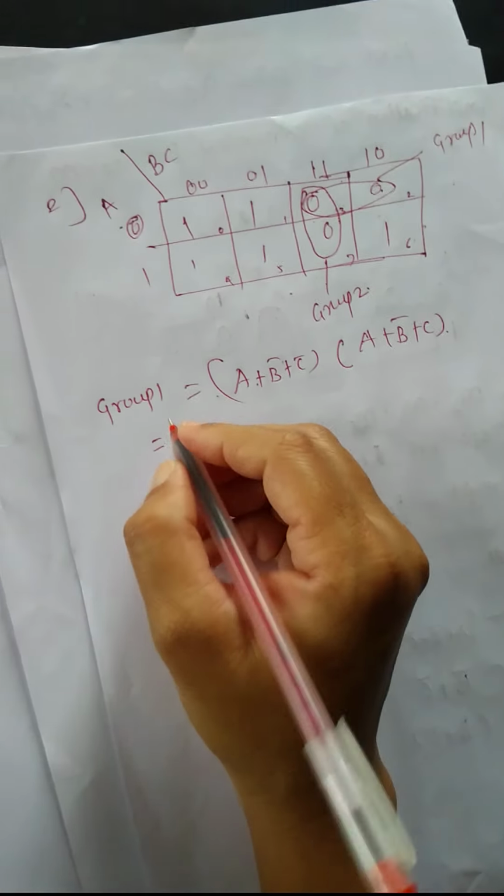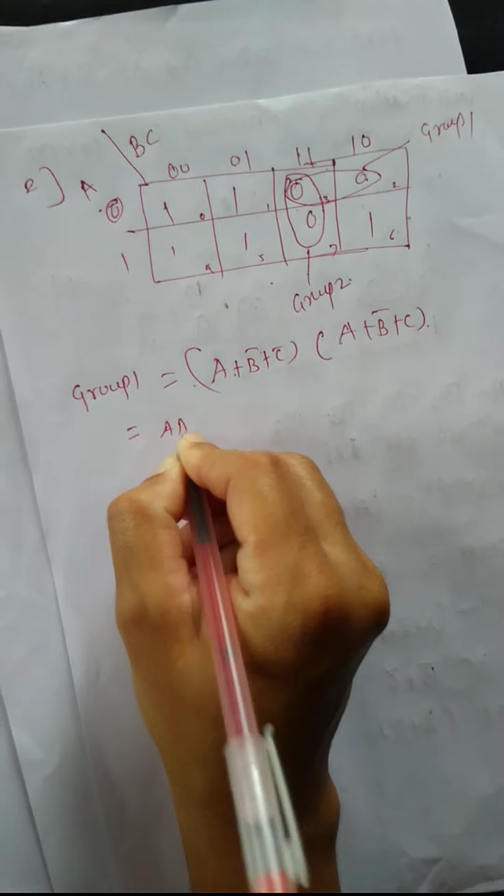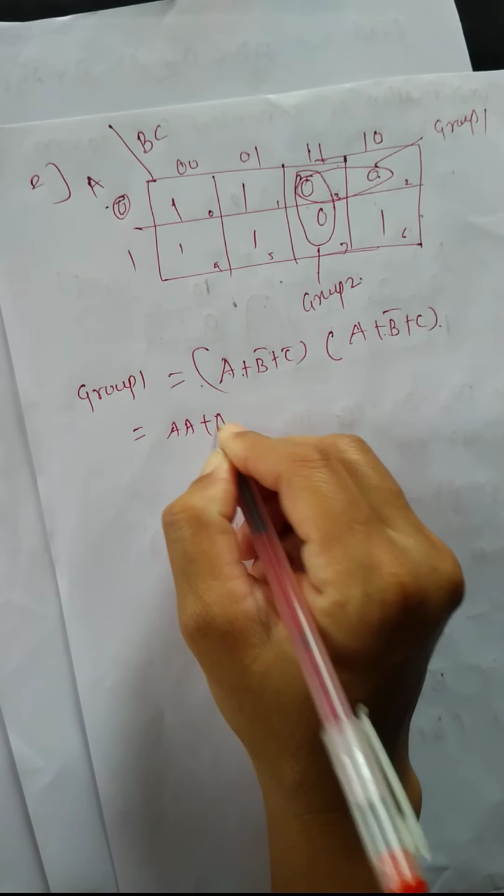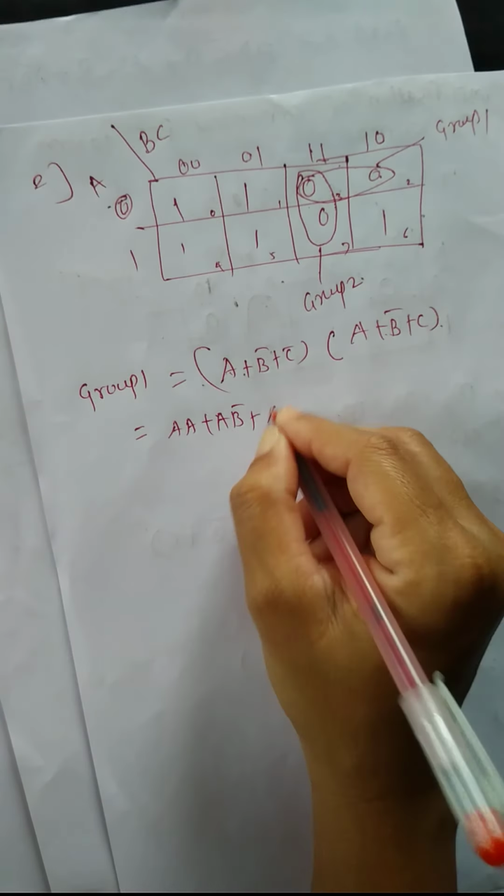You have to solve the bracket. a into a, plus a into b bar, plus a into c.